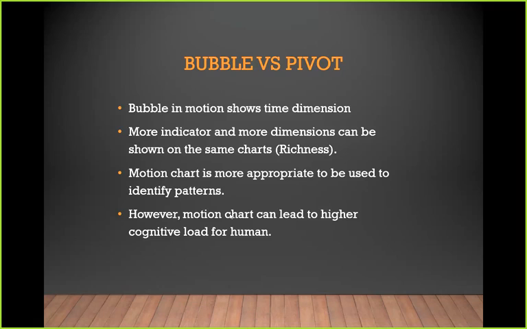But the drawback is that the chart can become very overwhelming. It's very rich, but a lot of the time we human beings have difficulty handling complexity at that particular level. And part of my research training is on modeling.